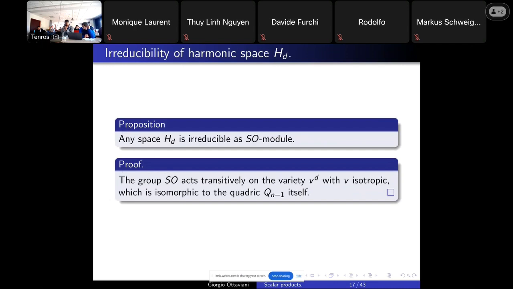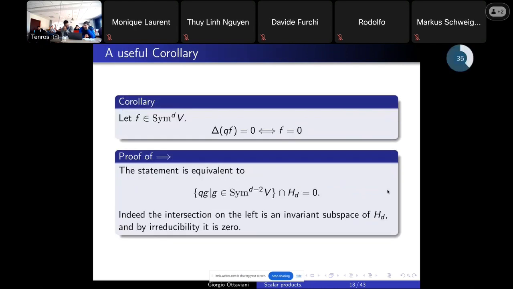So you get, as a consequence, this result, which is maybe easy but non-trivial, that it is not possible to have a harmonic polynomial which is multiplied by the quadric.